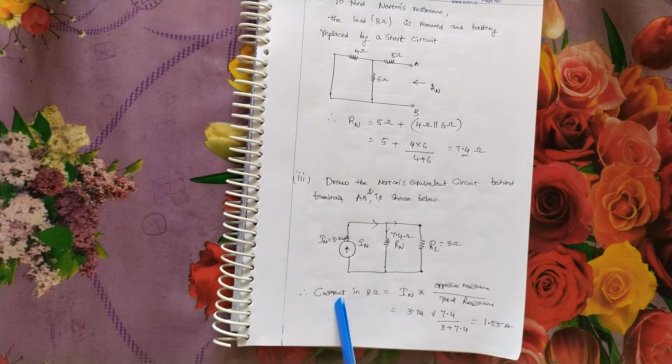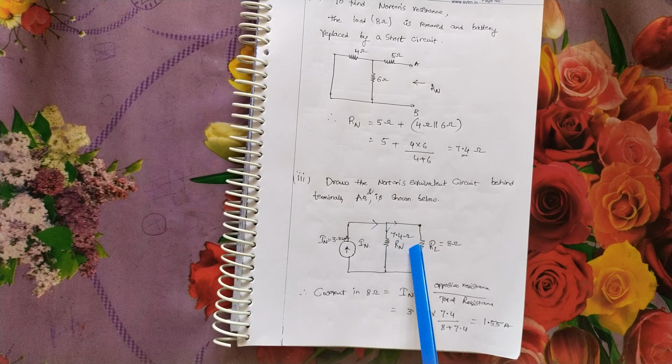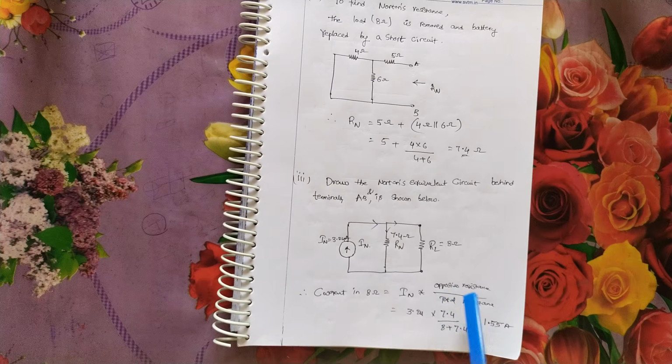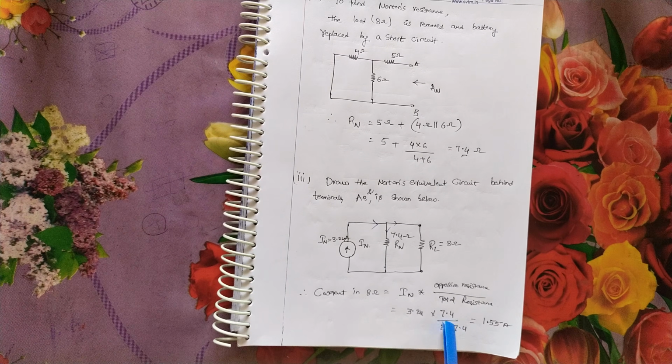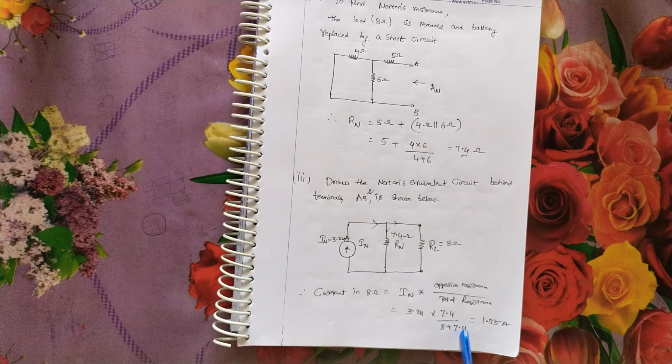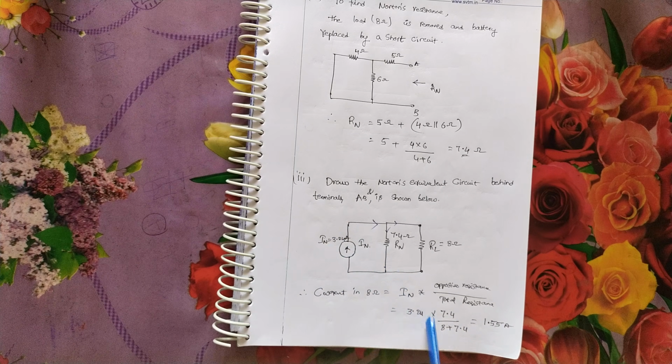The current divides here: total current IN into opposite resistance divided by total resistance, 3.24 into 7.4 by 8 plus 7.4. Applying the current division rule, 1.55 ampere is the current through the 8 ohm.